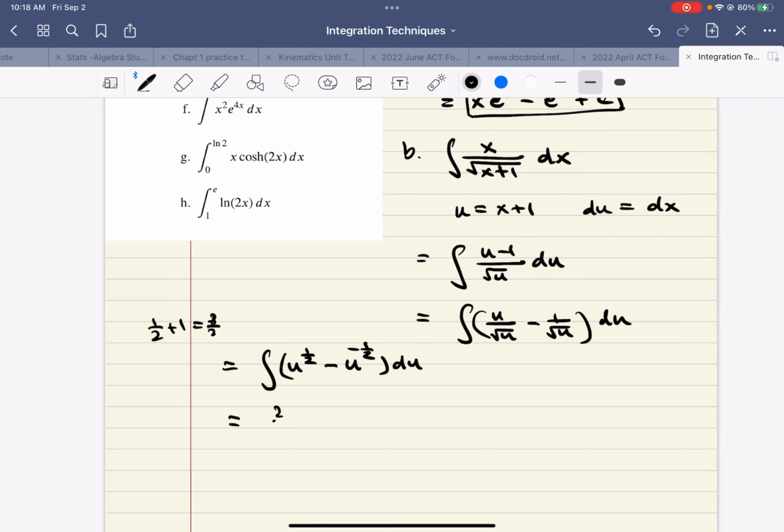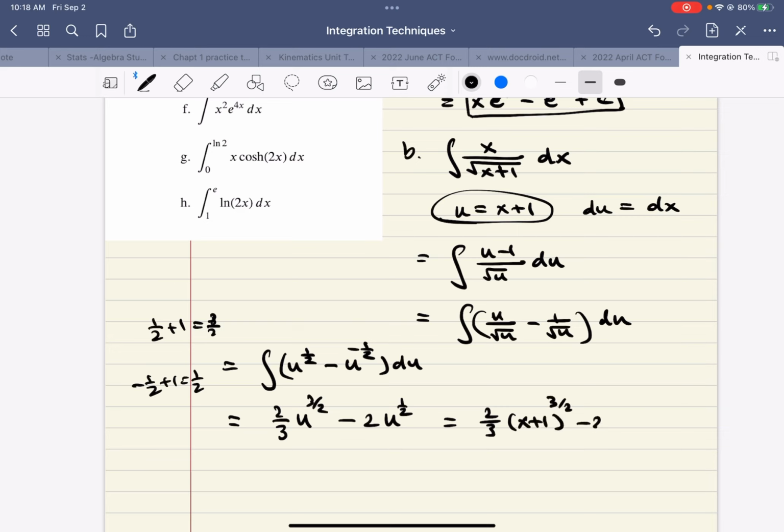So then 2/3 u to the 3 halves, minus, negative 1 half plus 1 is 1 half, so 2 u to the 1 half when you take the integral. Now you substitute back, u was x plus 1. So 2/3 (x plus 1) to the 3 halves minus 2 (x plus 1) to the 1 half plus c. So that will be your final answer.